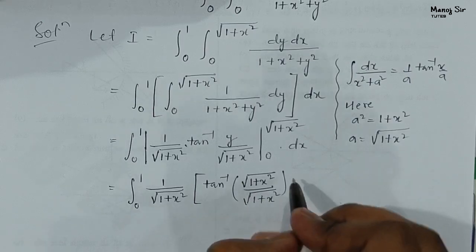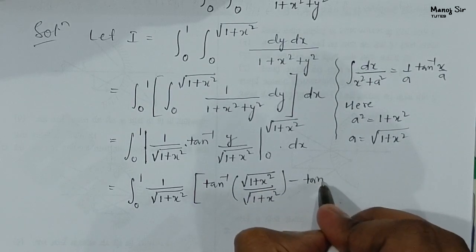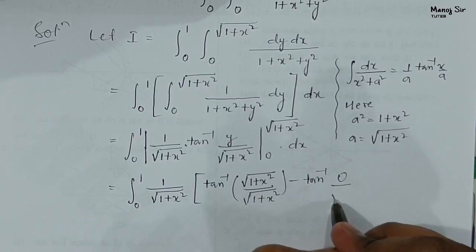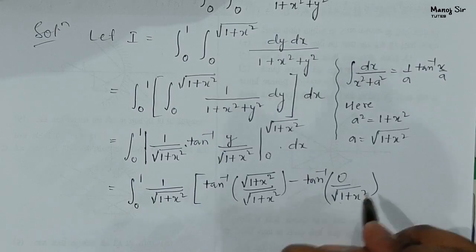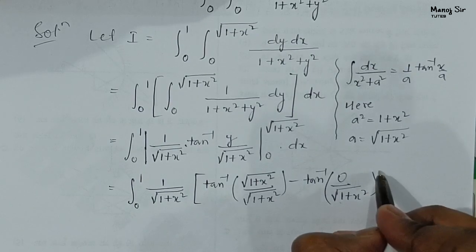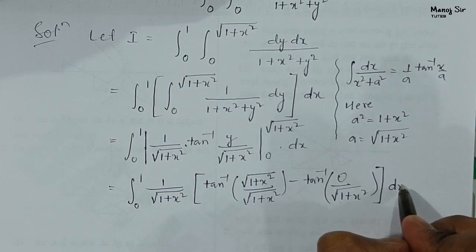Now closing this bracket, minus lower limit. What is lower limit? That is 0. Tan inverse of 0 upon root over of 1 plus x square. Fine. Now we will close this bracket and don't forget to write this dx here.